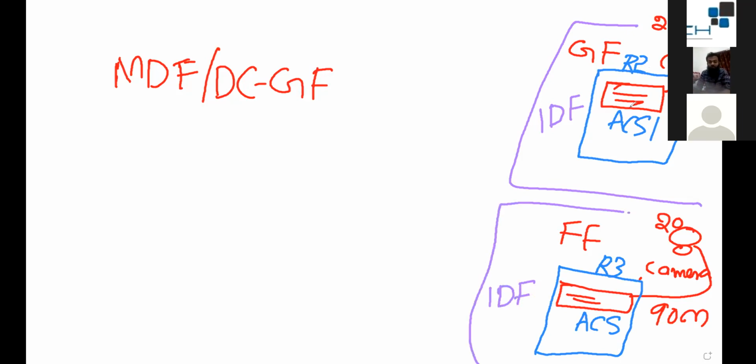So on the ground floor and first floor, you have a specific room. This room we call an IDF. And within this IDF, you may have more than one rack, depending upon the quantity that you have. You have a UPS. You have many other devices within the IDF.